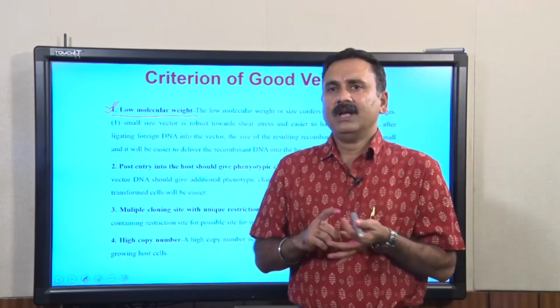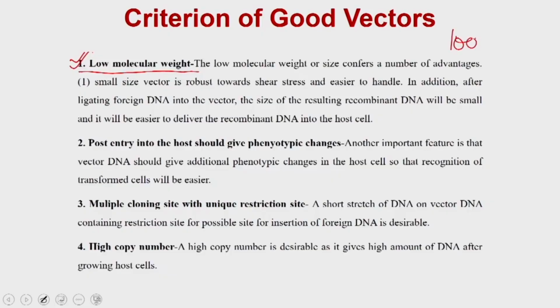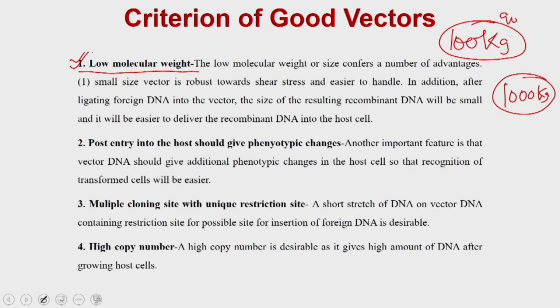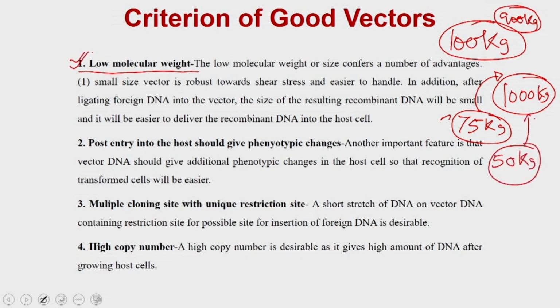If the vehicle itself is 100 kg and its total carrying capacity is only 1000 kg, then you will be able to put only 900 kg as the load. Whereas if we make a vehicle of 75 kg, you can carry more material. If you have a vehicle of 50 kg, you will carry even more material.